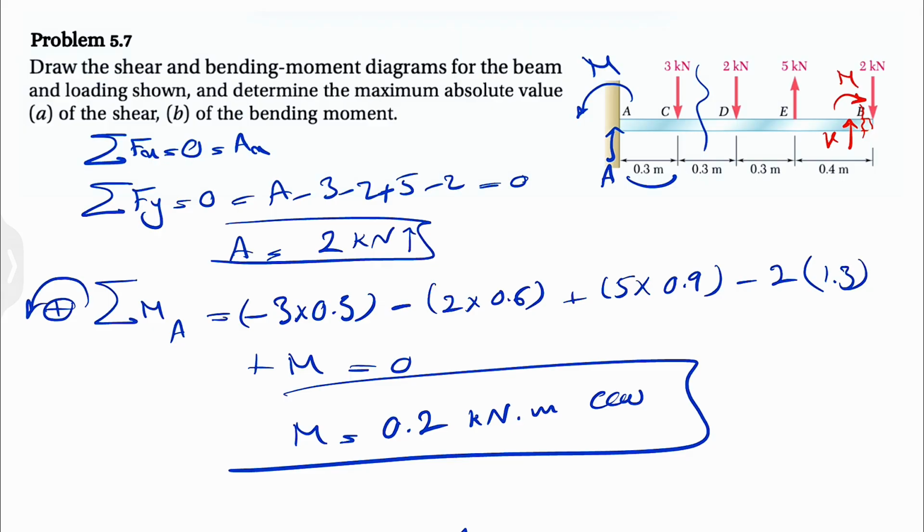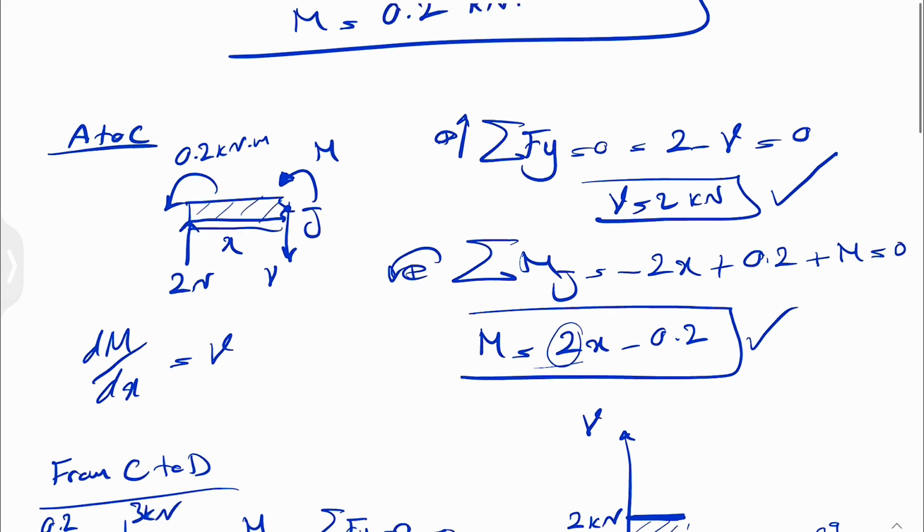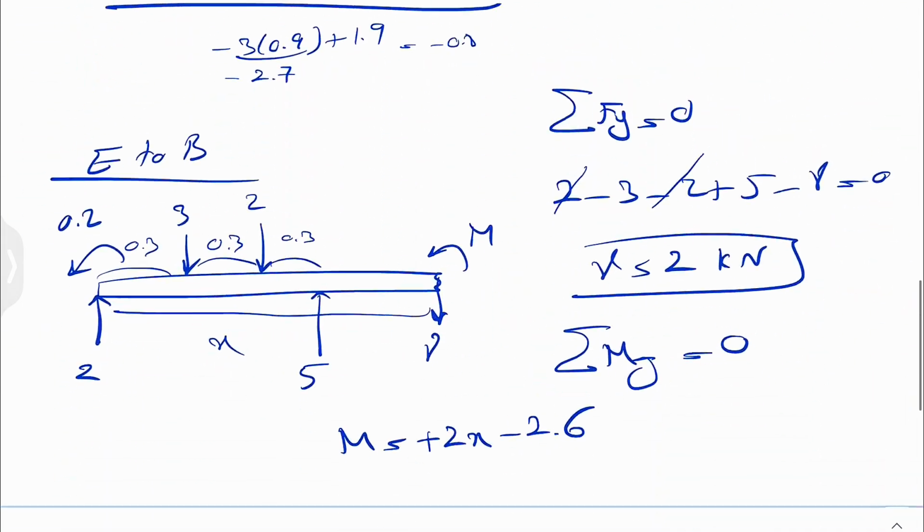So just keep an eye on this, and when you're considering this little distance for this part, you define your x from left to right. This is going to be the length minus x, and the length is basically 0.9 plus 0.4, which is 1.3 minus x, so you can call it 1.3 minus x, or go with the left side, whatever works best for you.